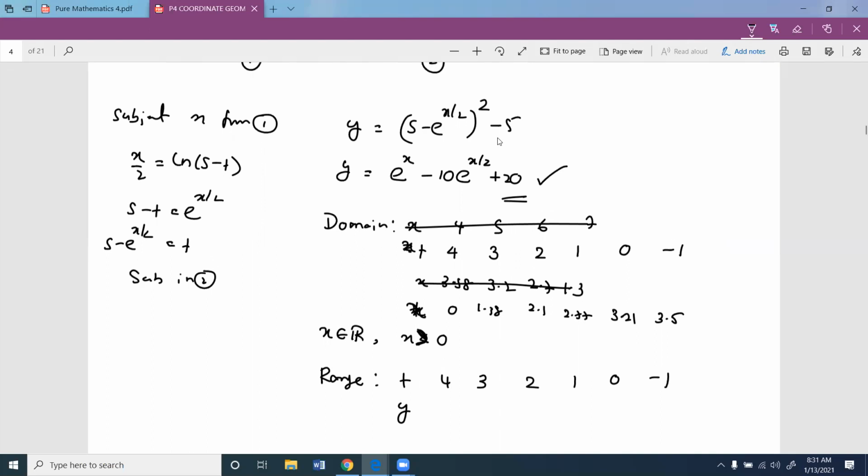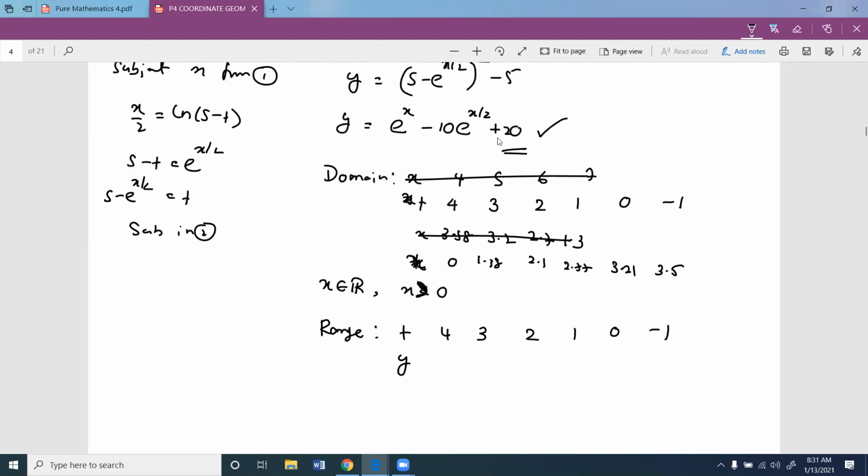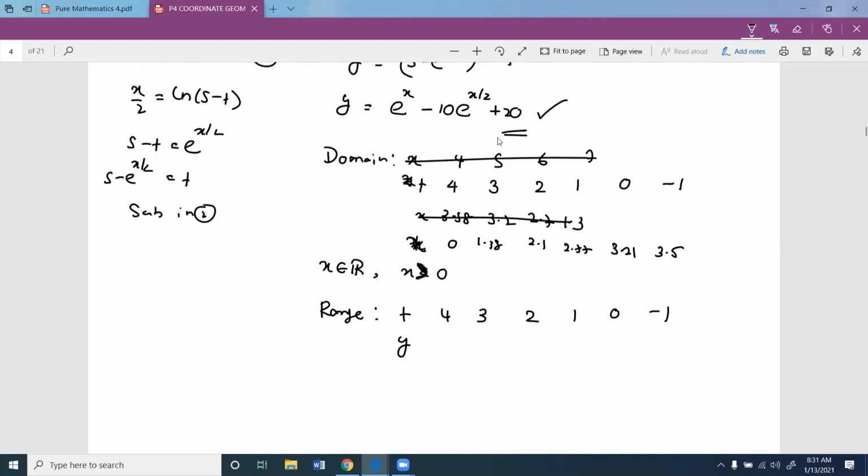Therefore, I just use the parametric one, t squared minus 5, starting from minus 1, and put in steps of 1 by 1, right?